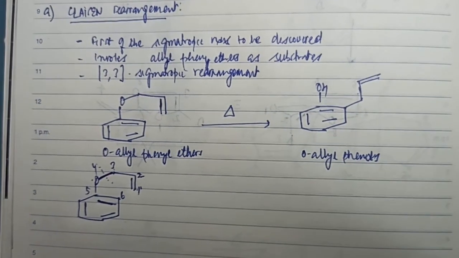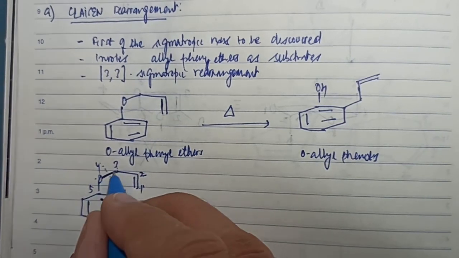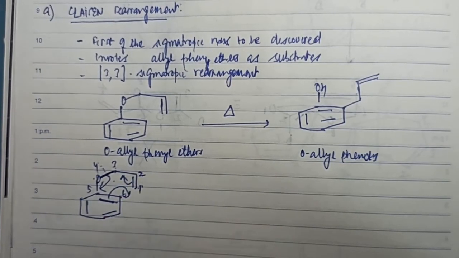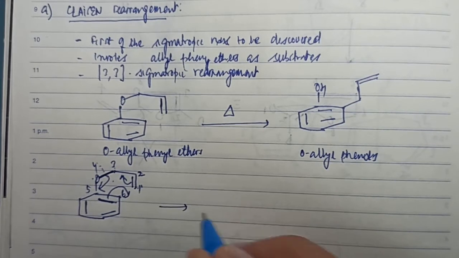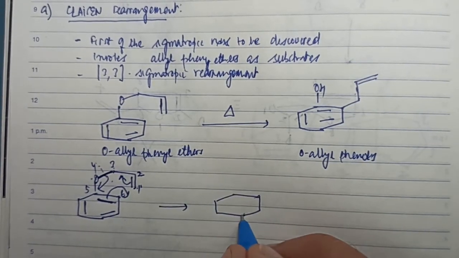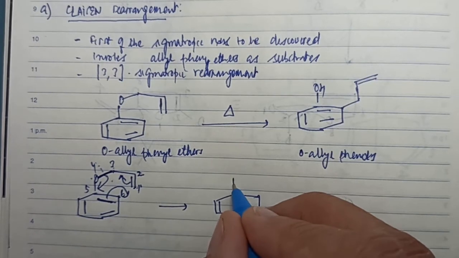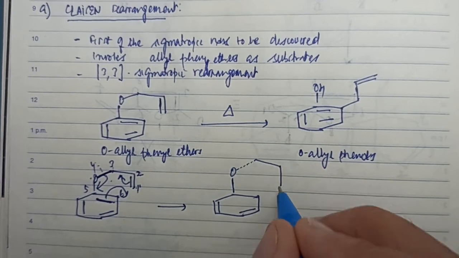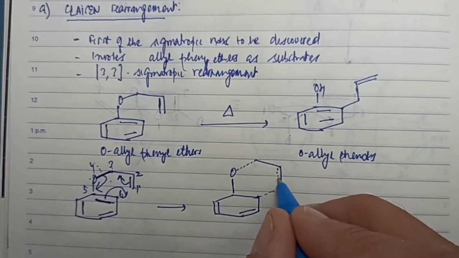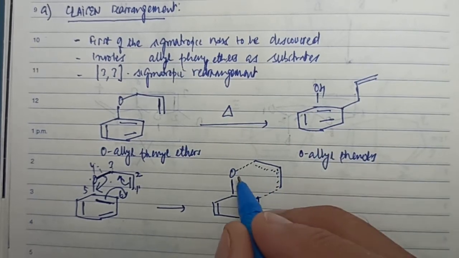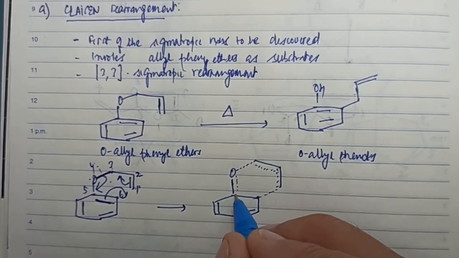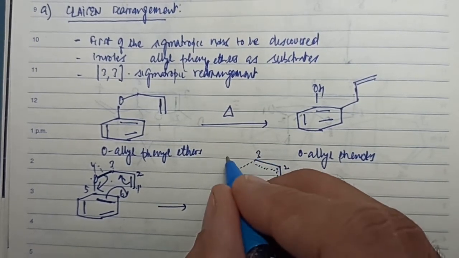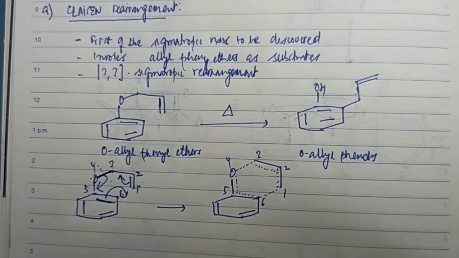As in the 3,3 sigmatropic Cope rearrangement, we've discussed that it is the 3,4 bond which breaks like this. As you can see with the motion of the bonds, you'll end up in this kind of a rearrangement. The result will be that the reaction proceeds through, as in Cope rearrangement, a cyclic 6-membered transition state wherein this bond is breaking here and this bond is forming. 1,2 double bond is breaking, a bond between 2 and 3 is forming. 5,6 double bond is breaking and a bond between 4 and 5 double bond has started getting formed.